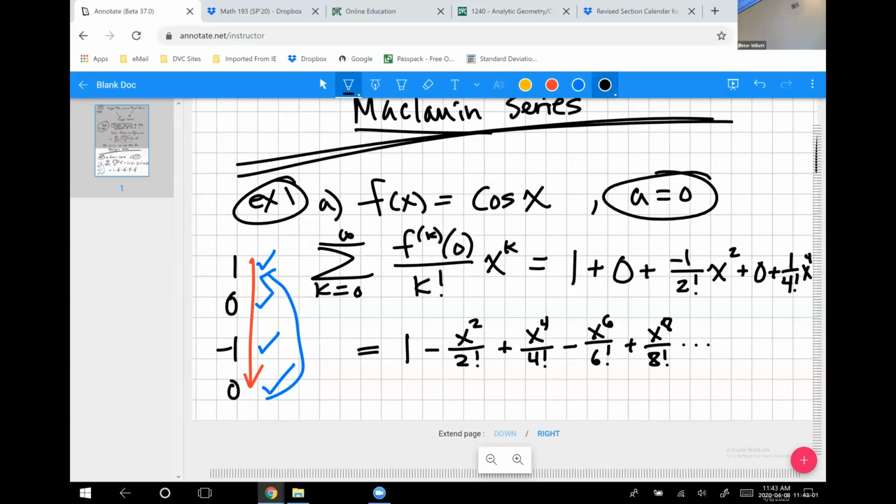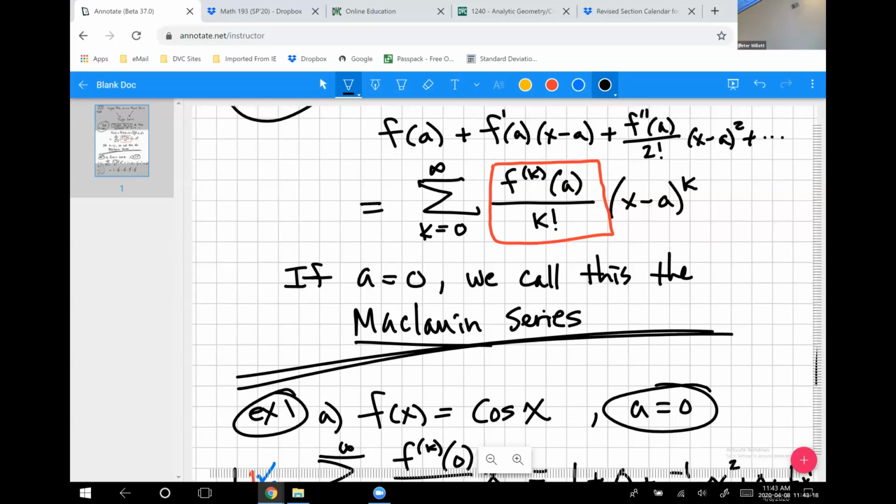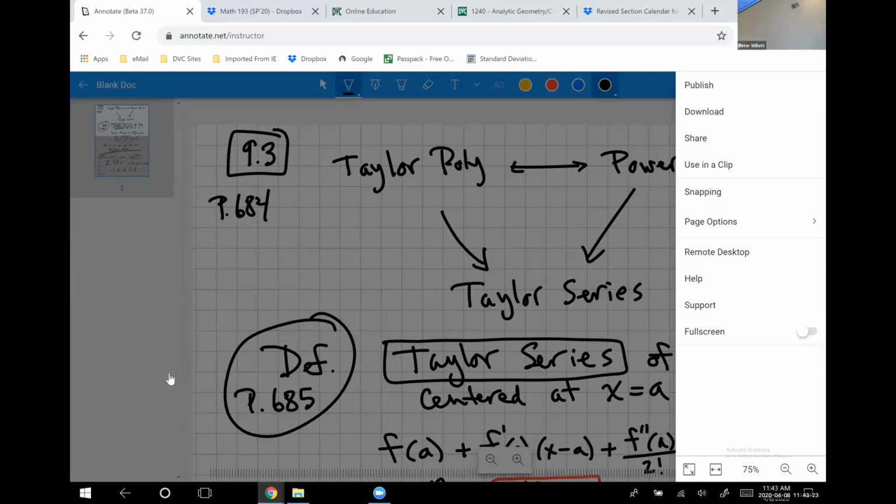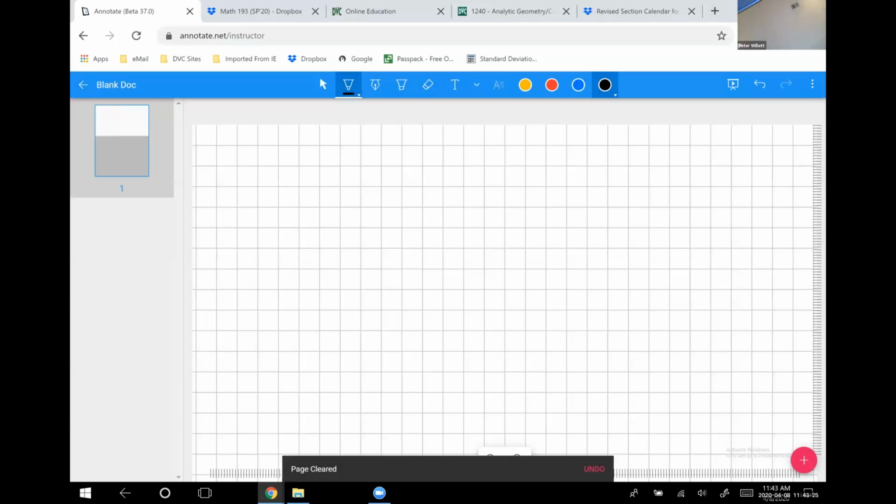Okay, so now we're also supposed to try to find out the radius and the interval of convergence of this series. So what I'm going to do is bring the series to the top of the page as our result. Okay, so we have 1.